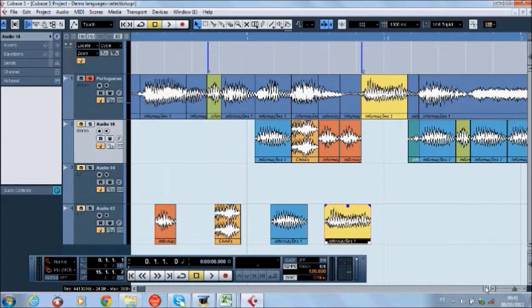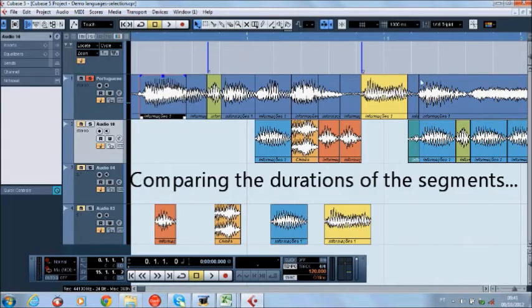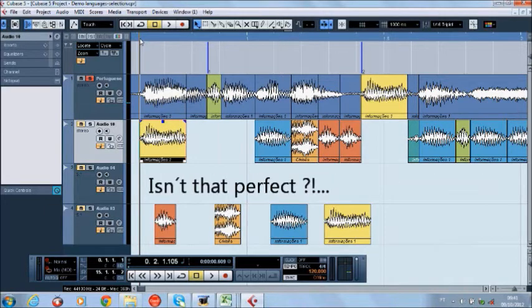For example, how did I do it? I saw this yellow one, and I saw that this one should be very comparable. So I tried. I copy, I went there with the cursor, and paste. Wow, isn't that wonderful? And then I did it for lots of durations.